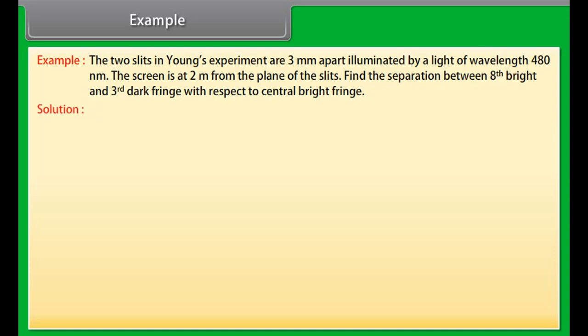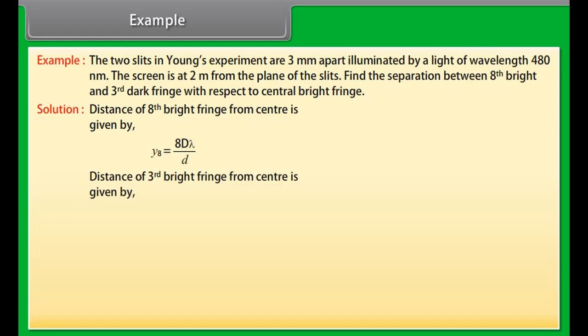Let's see the solution. Distance of the 8th bright fringe from the center is given by 8 capital D lambda upon small d. Distance of the 3rd dark fringe from the center is given by 5 capital D lambda upon 2 small d. We have y is equal to y8 minus y3.